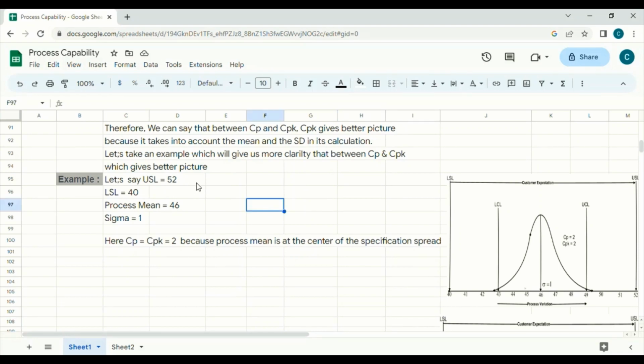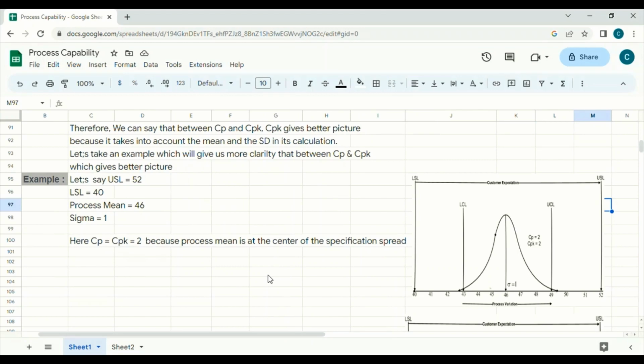Here USL value is 52, LSL is 40, process mean is 46 and the standard deviation is 1. In this scenario you can see Cpk and Cp, both the values are 2. You can calculate also.